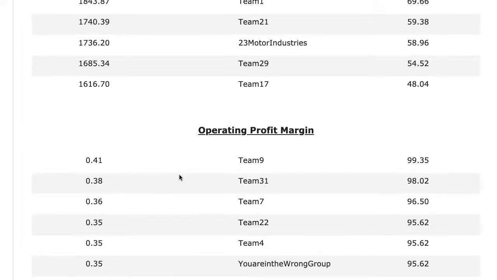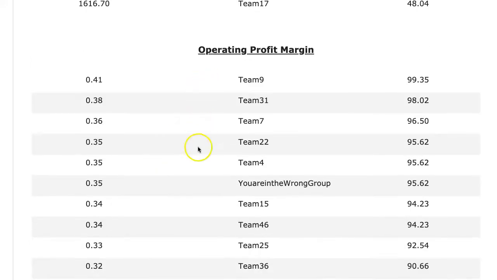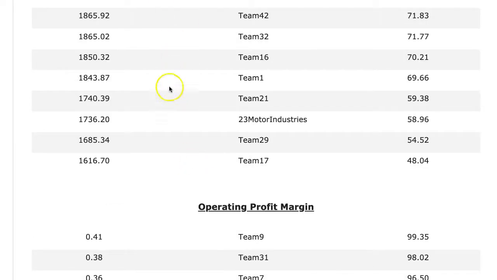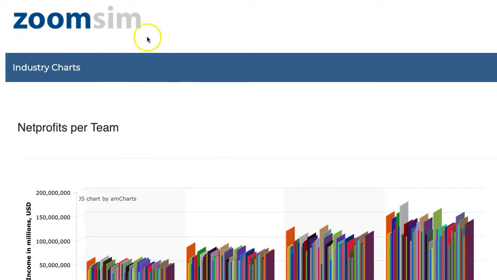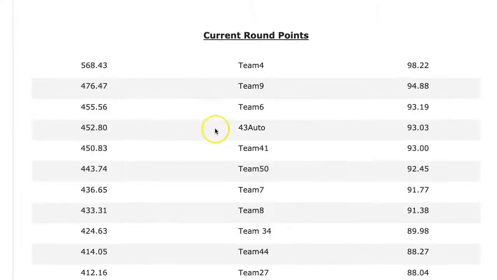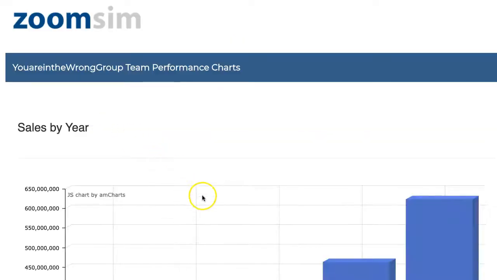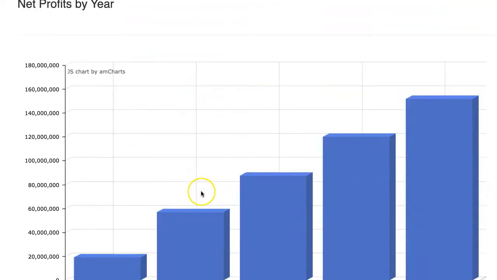Again, with the operating profit margins, they're going to be tough as marketing goes up. So you're going to want to do a marketing analysis. You can look at it in your charts. If you go to your team performance chart, you can see these are all helpful here.